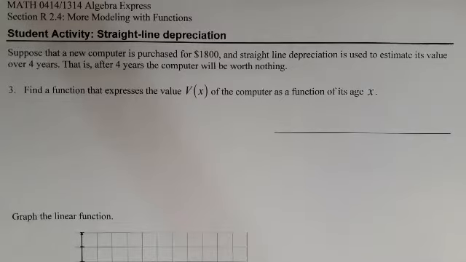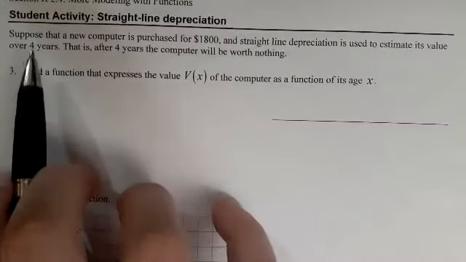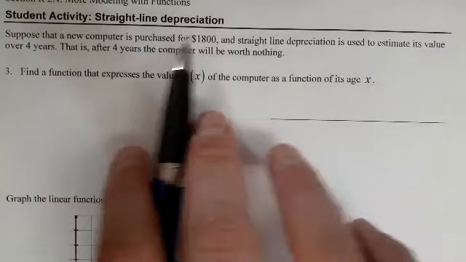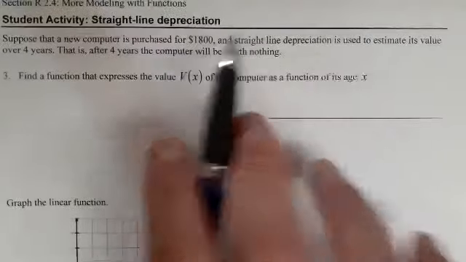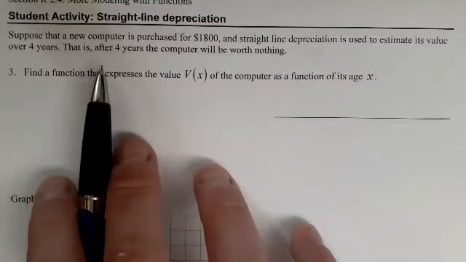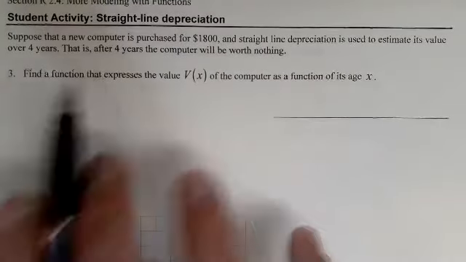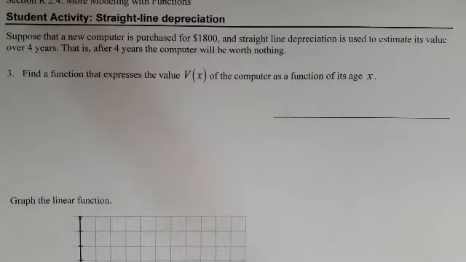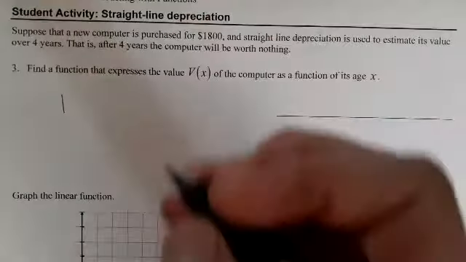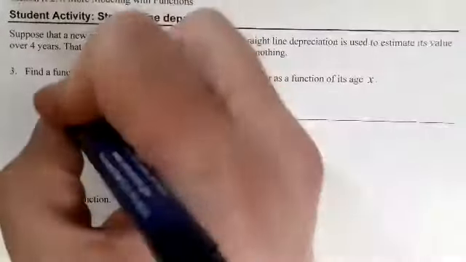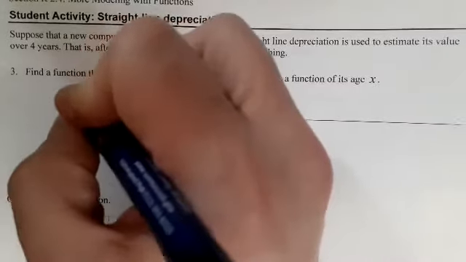So there's two important things I'm reading here that they're giving us. Suppose that a new computer is purchased. So we start out, it costs $1,800. After 4 years, it is going to be worth $0. So there's a few ways I can think about this. The value at year 0 is 1,800.